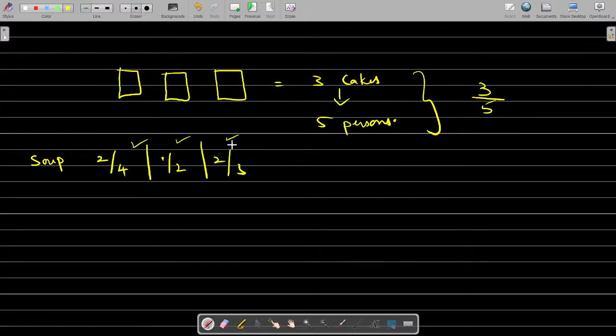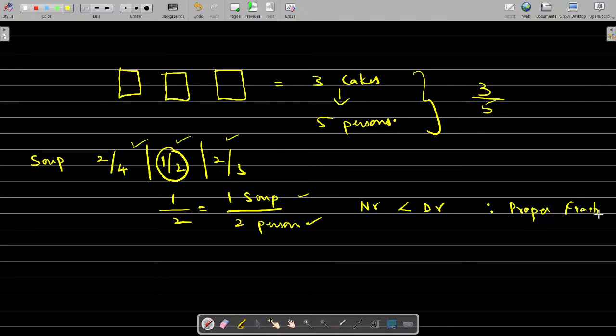It's 1 divided by 2. That is 1 soup. It will be shared by 2 persons. This is what you call a fraction, and here the numerator is a number less than the denominator. 1 soup with 2 persons. You call this a proper fraction.